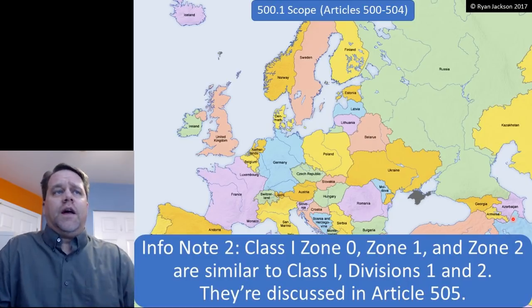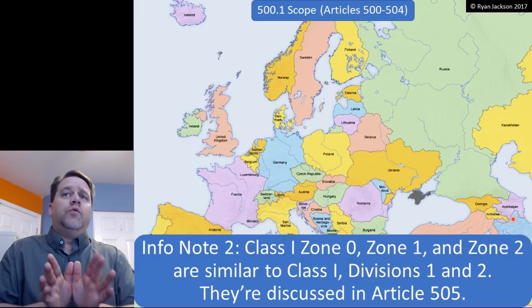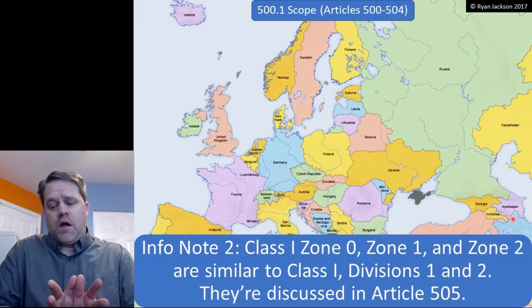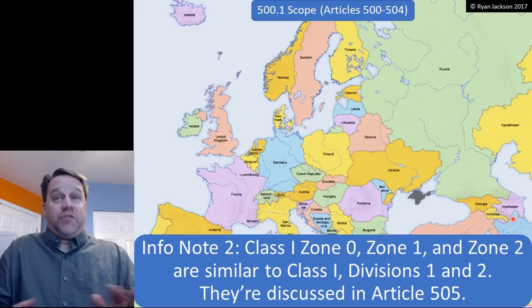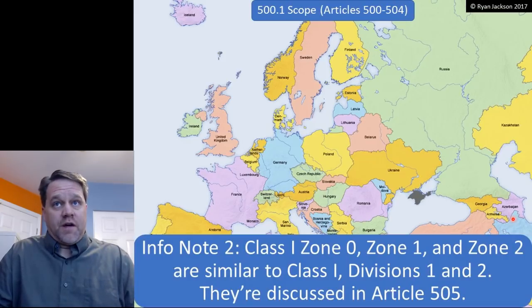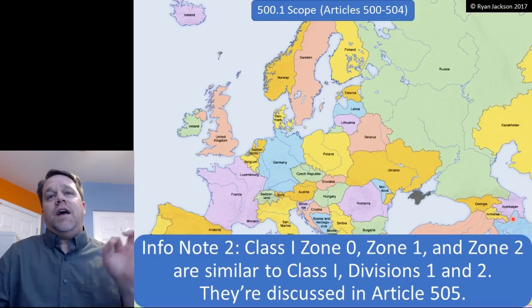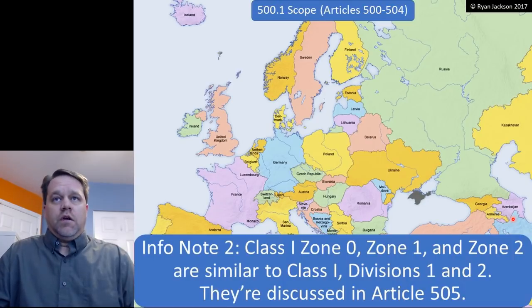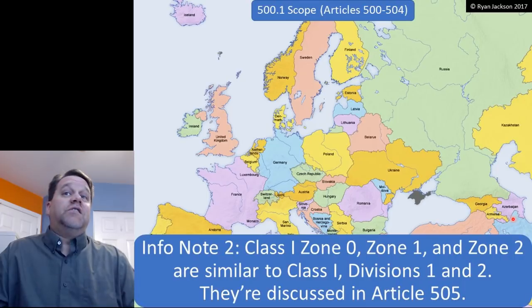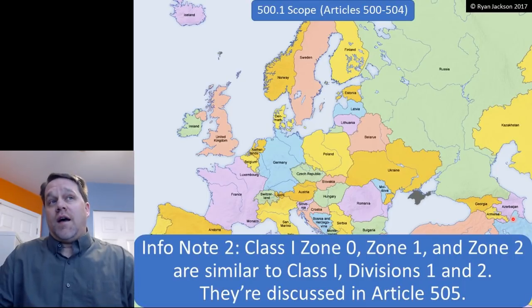And before I forget, if you're into zone classification, there's one rule that is an absolute deal breaker in Article 505, and that is your equipment has to be marked AEx if you're going to use it in an NEC regulated installation. And a lot of zone rated equipment does not have that marking.